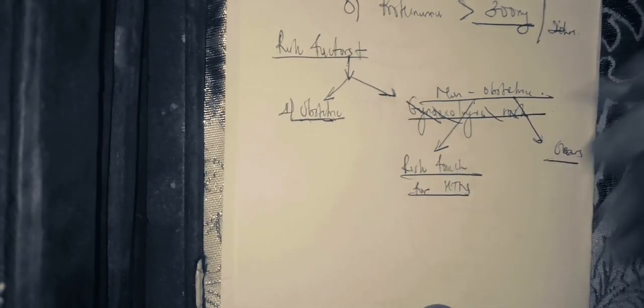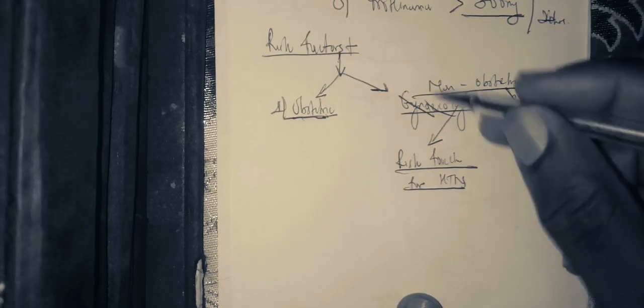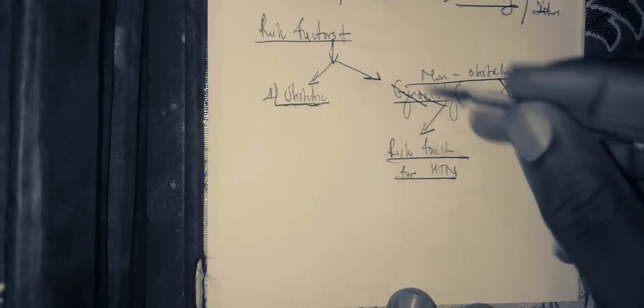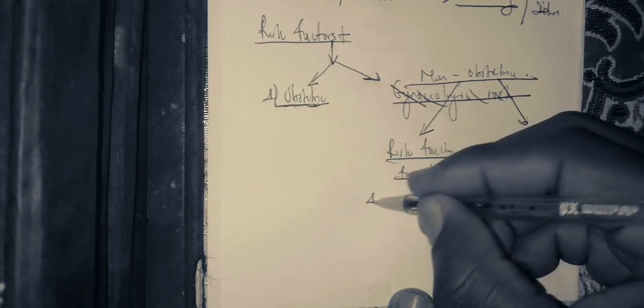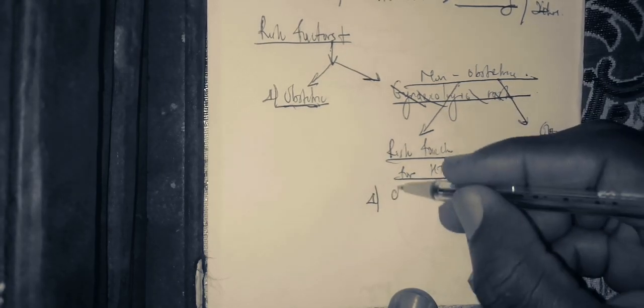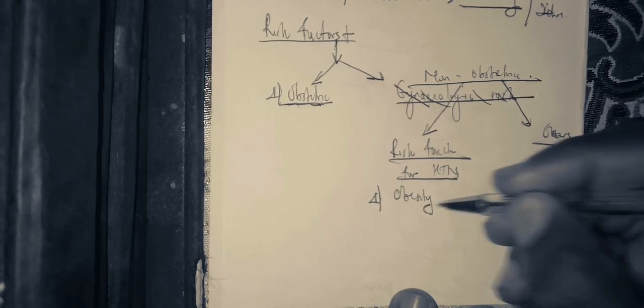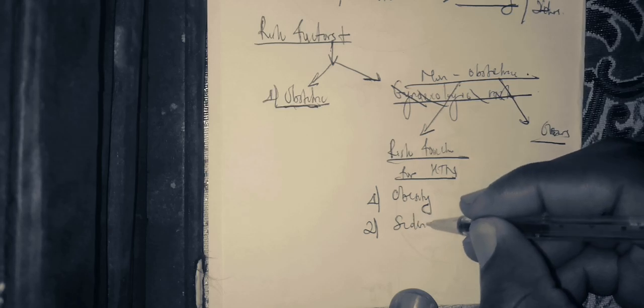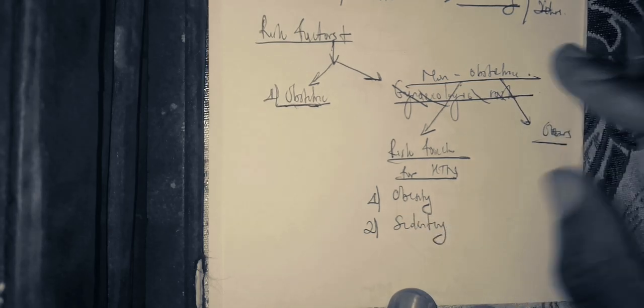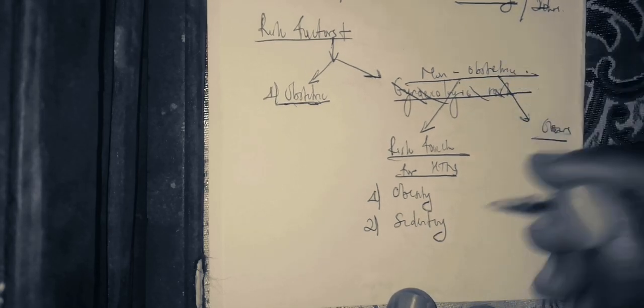So now let's start with the non-obstetric risk factors of pre-eclampsia, with the risk factors related to hypertension. The first risk factor related to hypertension is obesity. If a patient is obese, or has a sedentary lifestyle, I'll just use the ARTS mnemonic.